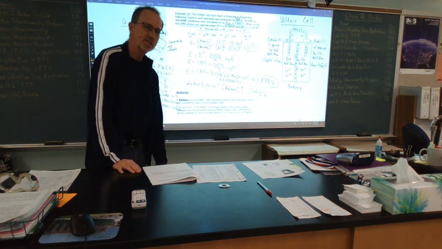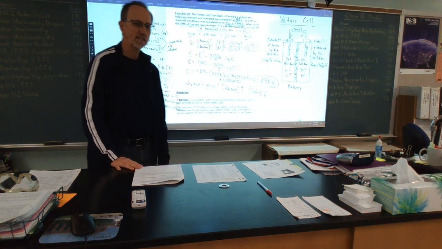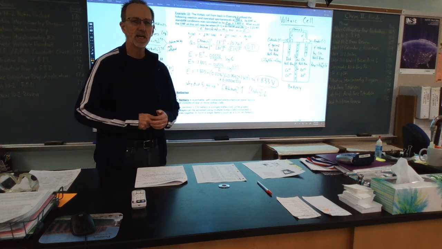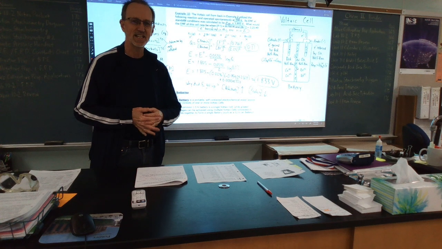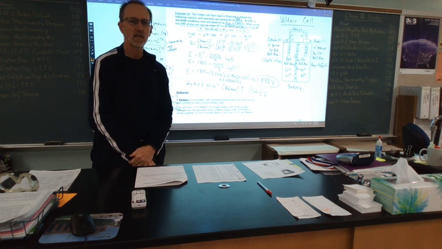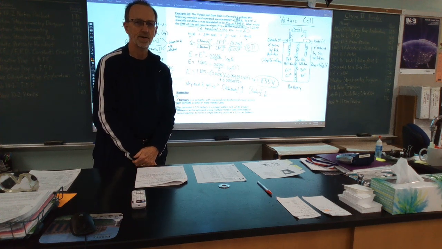So this is the Nernst equation, which tells us what value of E we can have if we change the conditions that our voltaic cell operates from standard to non-standard, all right?